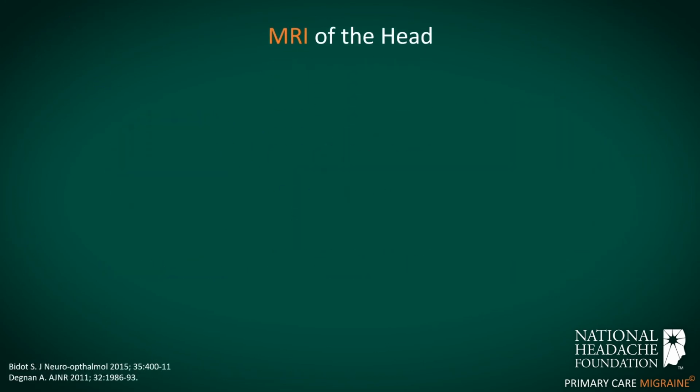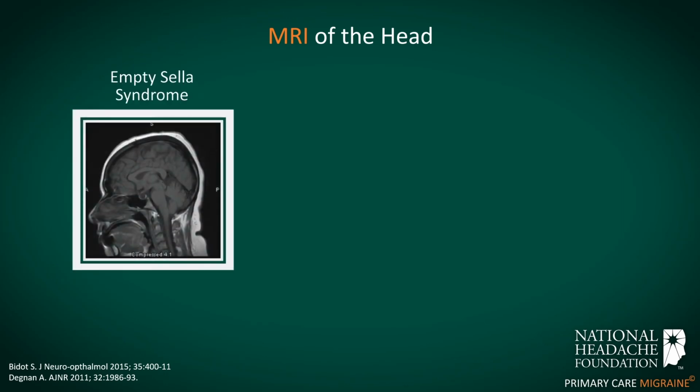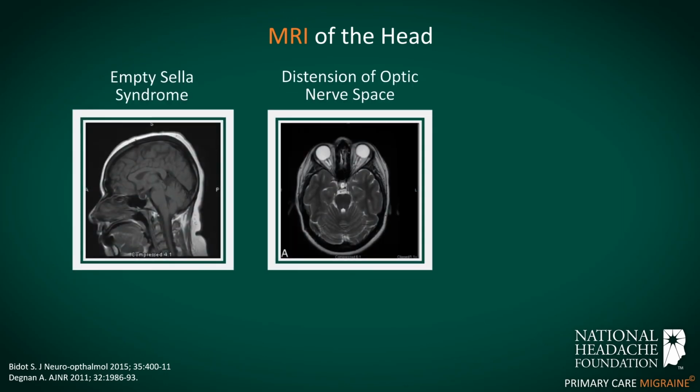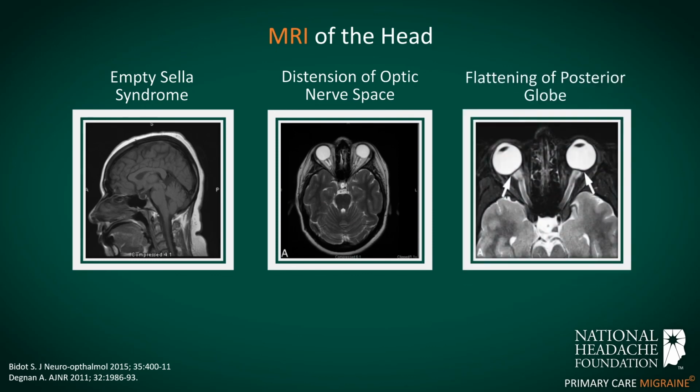Given the red flags, you order a non-contrast MRI of the head, which reveals an empty sella, distension of the optic nerve spaces, and flattening of the posterior globe, which are all findings typical for idiopathic intracranial hypertension, or IIH. With a suspicion for IIH, you perform a lumbar puncture and her opening pressure is 35 centimeters. The cell count, protein, and glucose in the fluid are clear.